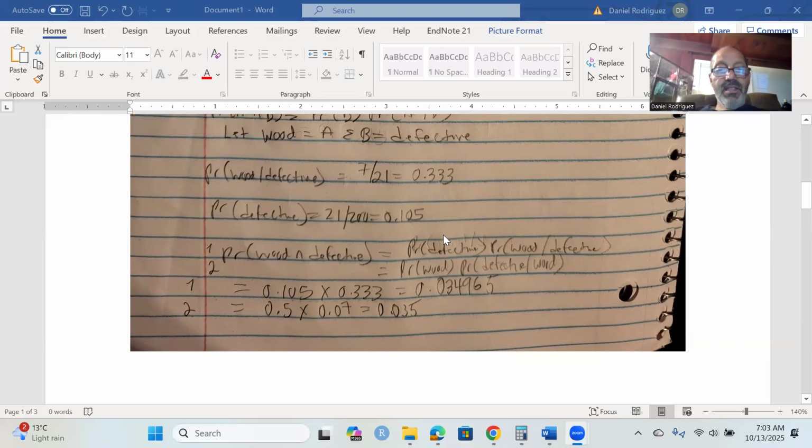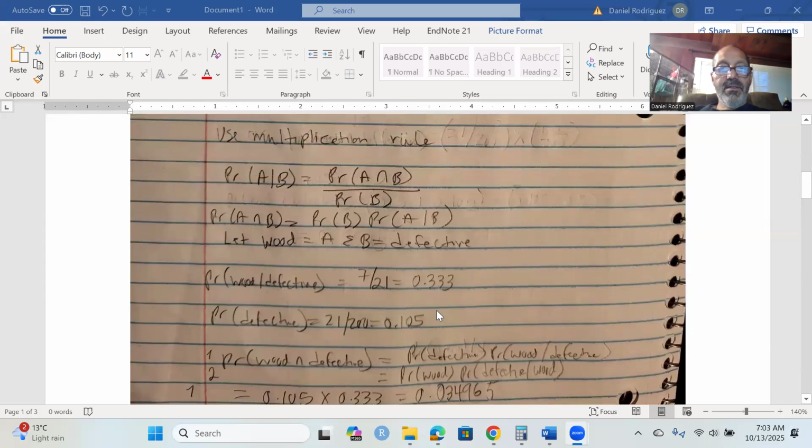For the first scenario, the probability of being defective is 0.105. The probability of being wood given one is defective is 0.333. So we get 0.034965, or we could just round it to 0.035, which is the same as if we did it the other way around. The probability of being wood is 0.5, the probability of being defective given wood is 0.07, giving 0.035.